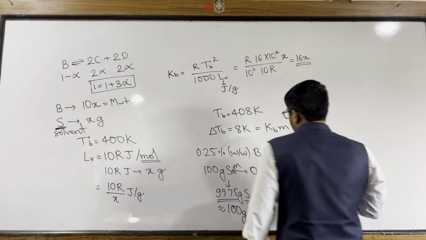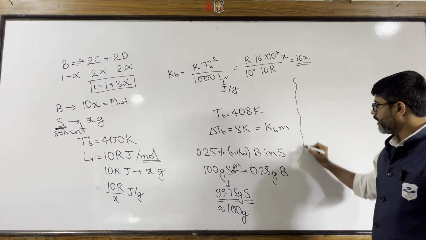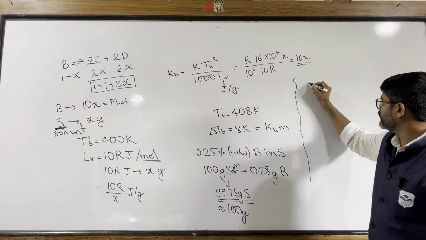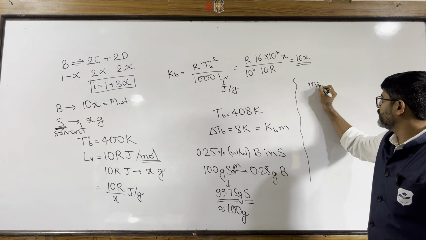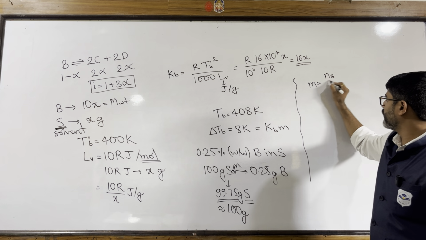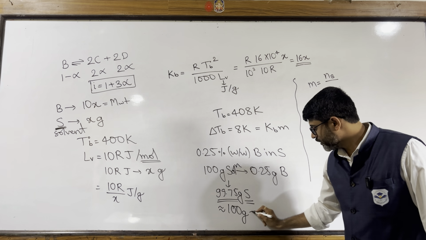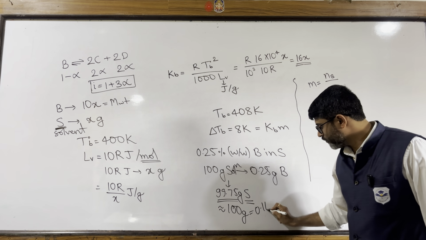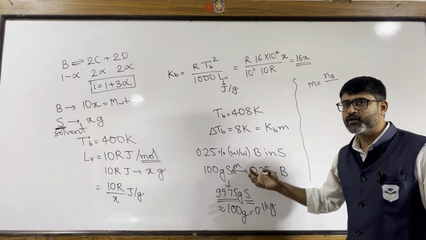So for finding molality, we have the number of moles of B. Molality is the number of moles of B divided by the mass of solvent in kg, which is nearly 0.1 kg.